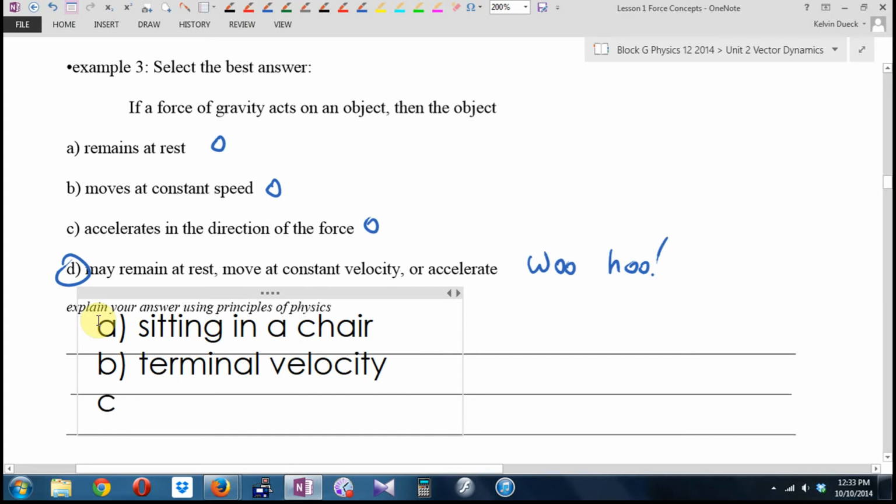Can you give me an example of how C could be the case? Free fall in a vacuum, or free fall before you hit terminal velocity.